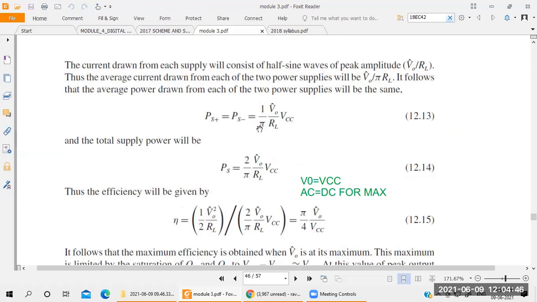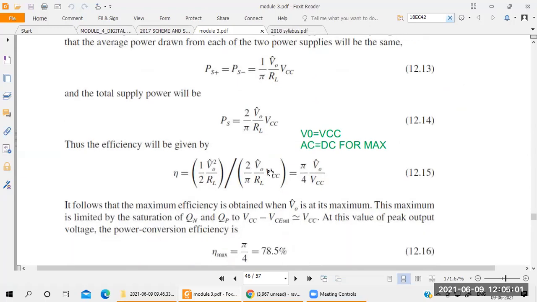So each transistor's power is how much here? 1/pi into V0 divided by RL into VCC. Suppose you combine both transistors' power, what is the equation? 2 divided by pi into V0 by RL into VCC. Then substitute in the efficiency equation. What is the efficiency equation here? Total output power divided by total input power. Total output power is 1/2 into V0 square divided by RL, divided by 2/pi into V0 by RL into VCC.